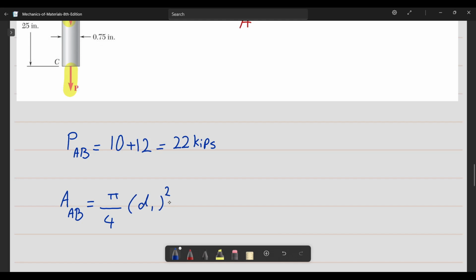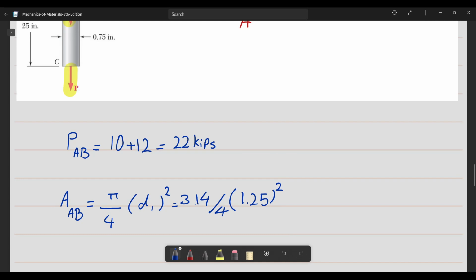Pi is approximately 3.14, divided by 4, multiplied by the diameter, which is 1.25 inch squared.